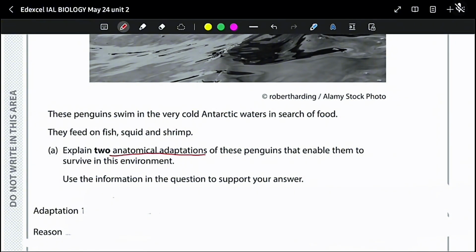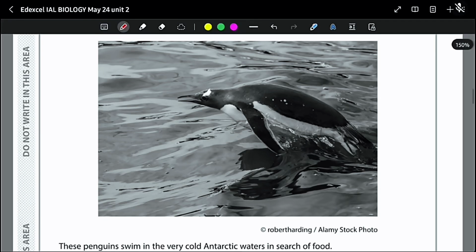So we know Gentoo penguins have a streamlined body shape, and they have webbed feet, and they also have strong wings that function as flippers. The reason is that these adaptations allow them to swim efficiently in the cold Antarctic waters while searching for food.